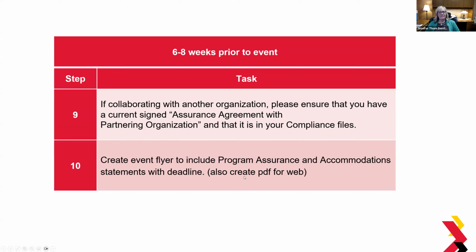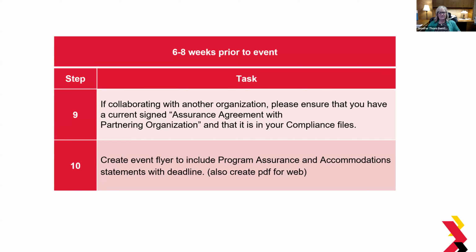Assuring them that they understand that we are open to all and that there's no discrimination. They cannot discriminate based on any reason for anyone coming into our program held, let's say, at their particular location.